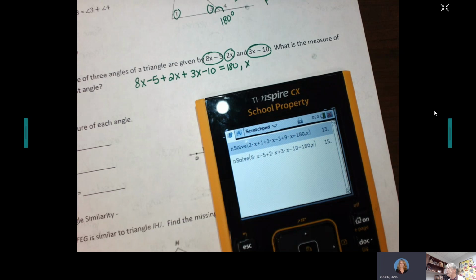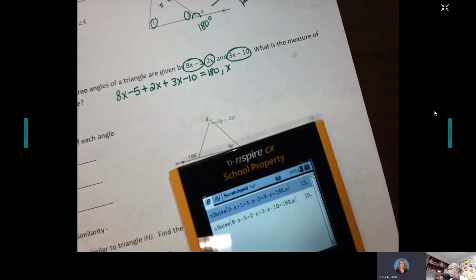Did you hit enter? I got 15. What'd you get? Let me see what you put. I bet I can find it if you messed up. Let me see it, Leanna. Okay. You get x equals 15.